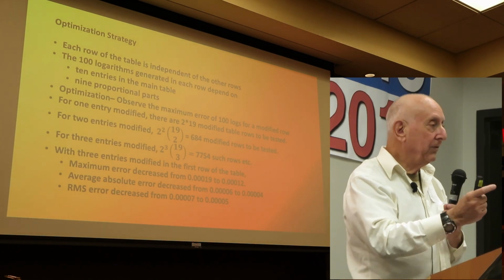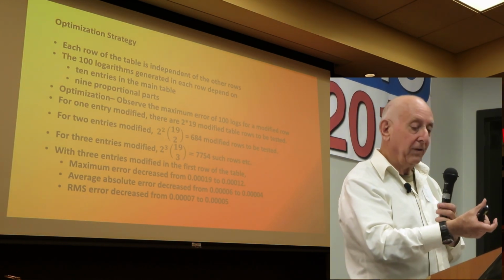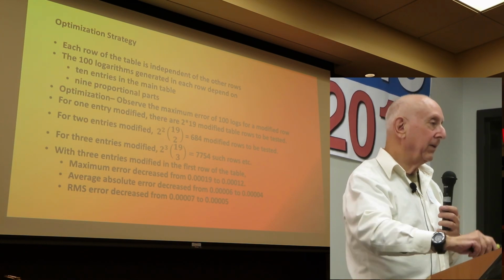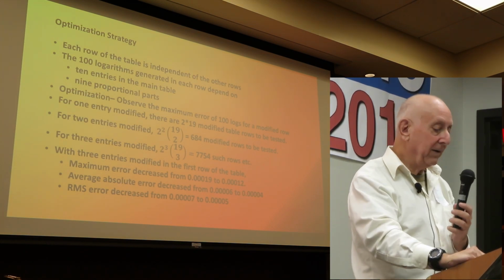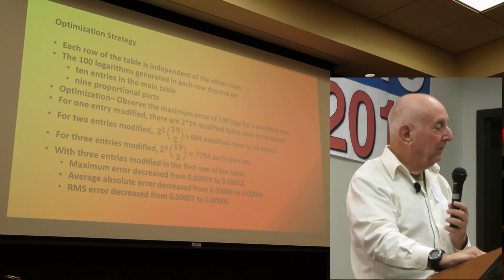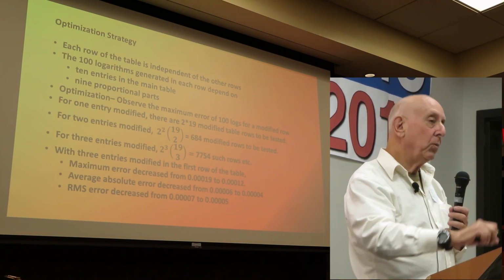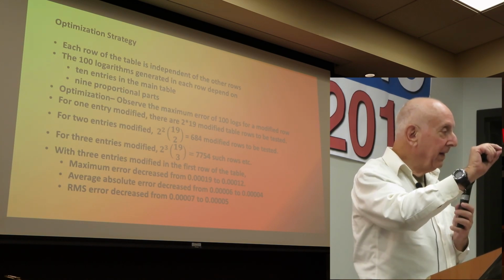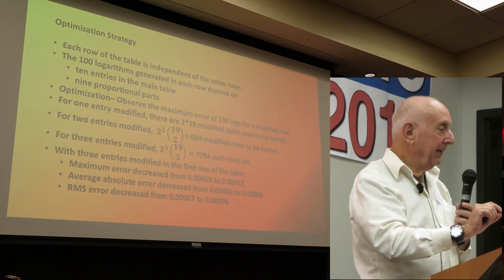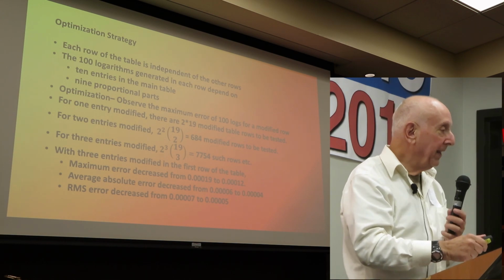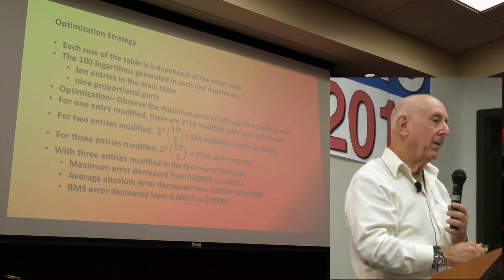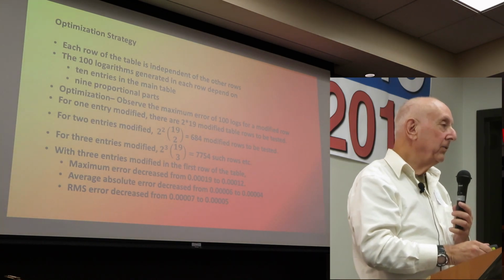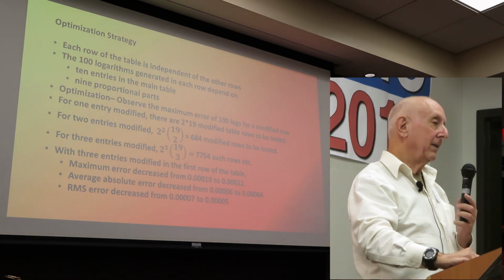Okay, each row of the table stands alone, and generates 100 logarithms, and there's a total of 19 variables in there. So what I did is I looked at each one of those table entries, and I want to increment it just by one and decrement it just by one, and see if that could lead to a better table. And then I thought, well, if that's true, maybe I could do pairs of numbers, and maybe I could do triples of numbers.